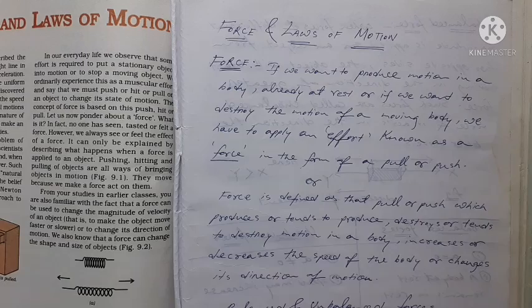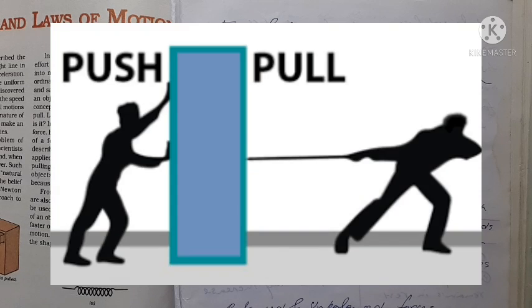And to move a body at rest, we also need to apply some effort, which is known as force. So force can be defined as the pull or push of an object, as you can see in the figure.